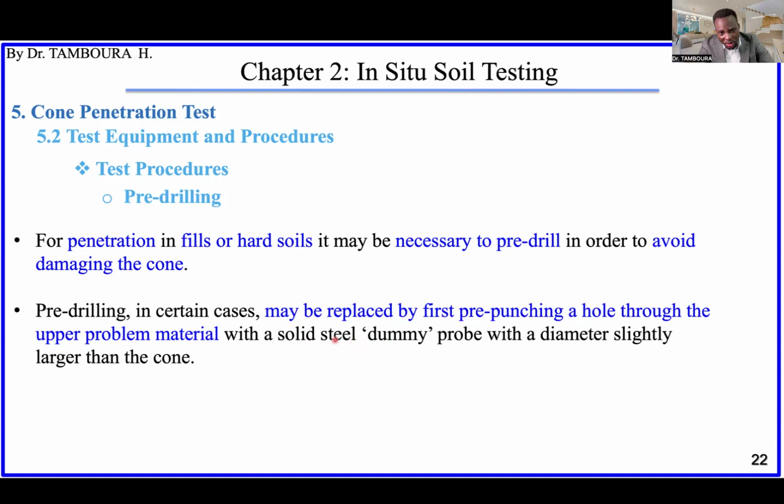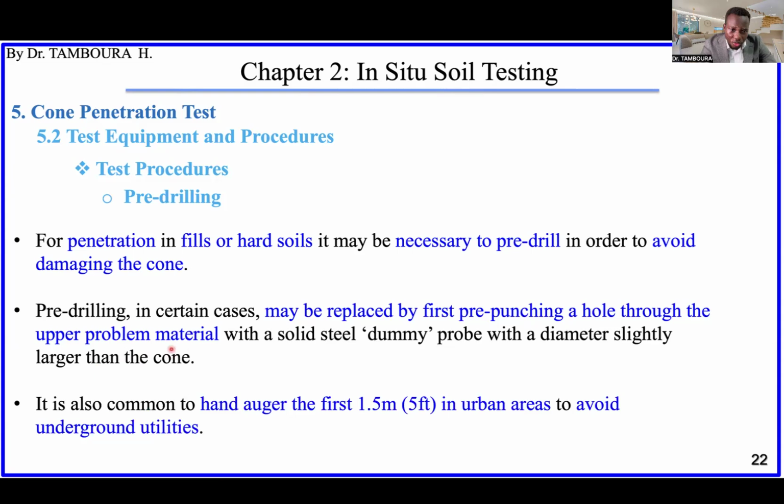It can be done with a solid steel dummy probe with a diameter slightly larger than that of the cone. It is also common to hand auger first, using hand augers up to 1.5 meters in urban areas. This is to avoid the underground utilities.